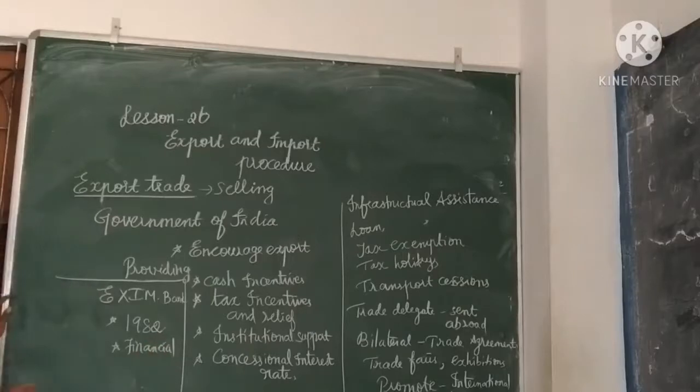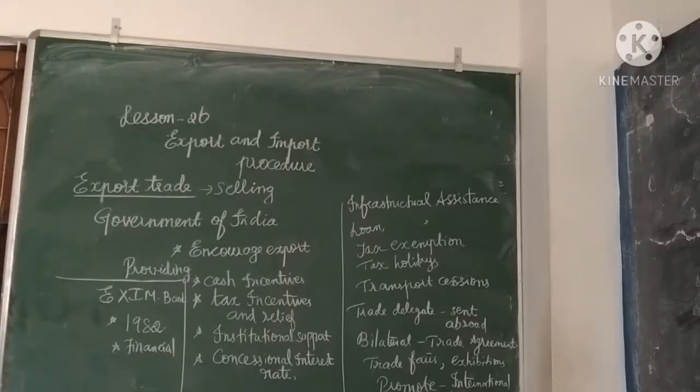Financial assistance from this bank alone. So this bank facilitates and promotes the foreign trade of India. And what is the main objective of the Exim Bank? It coordinates the various activities of institutions, and this bank is engaged in foreign exchange and foreign trade.